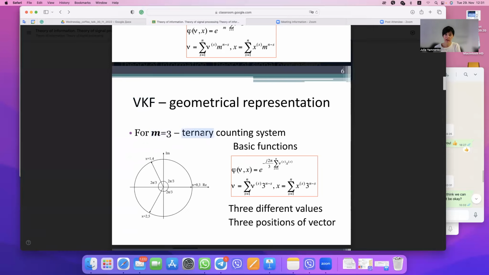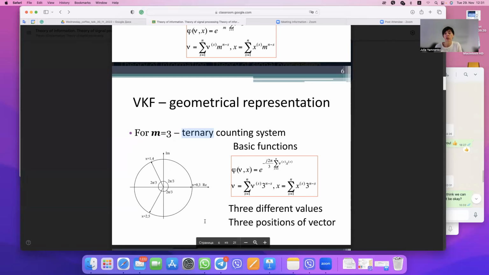So it is a ternary counting system. Ternary means that the base of it is equal to 3. So in the geometrical view, we have only 3 different values.